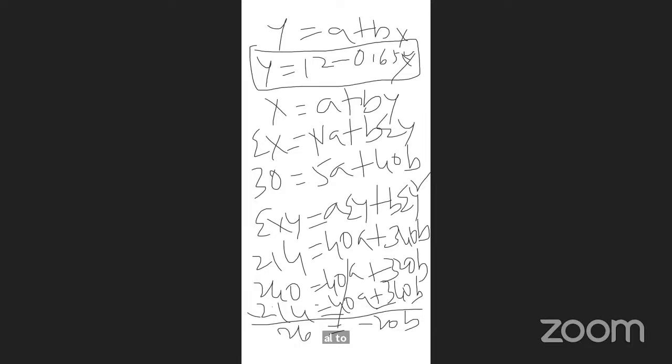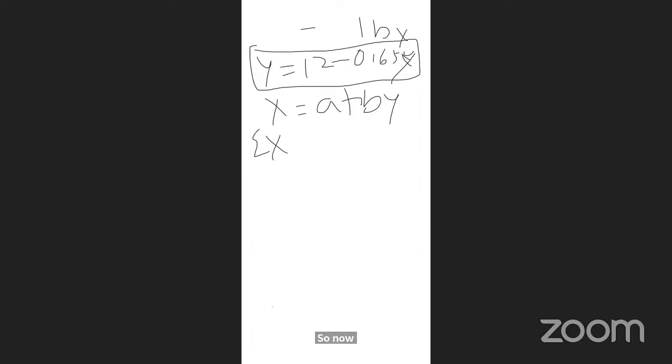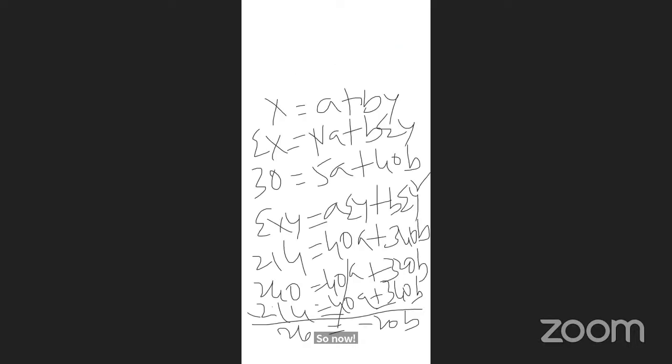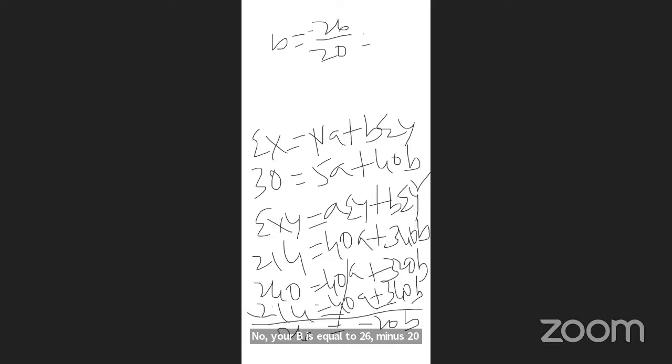So now your b is equal to 26 divided by minus 20, which is minus 1.3.